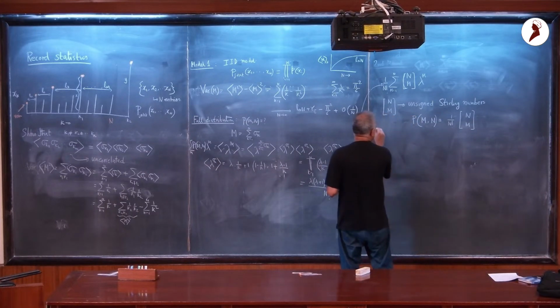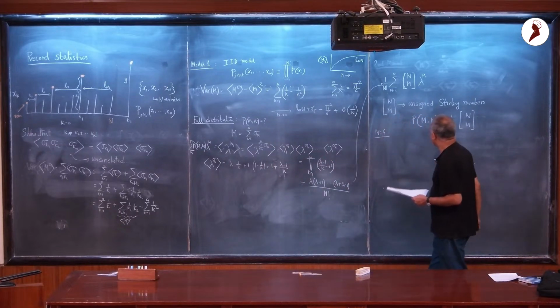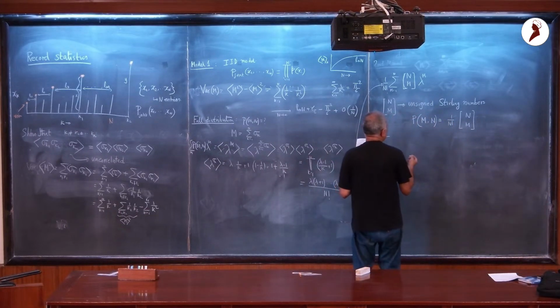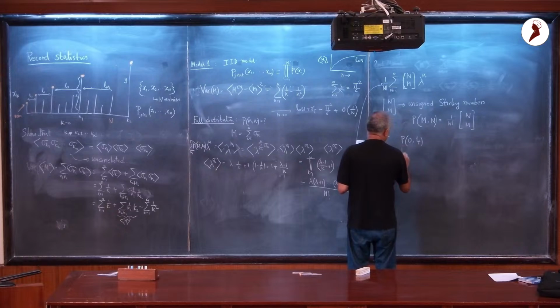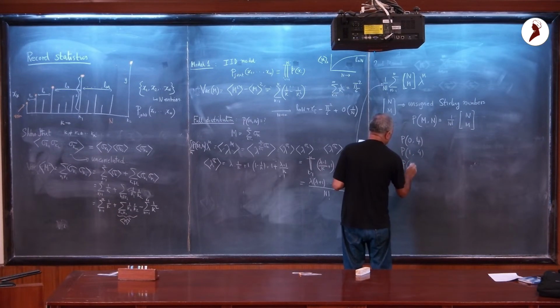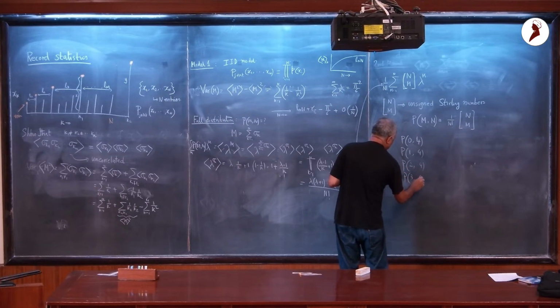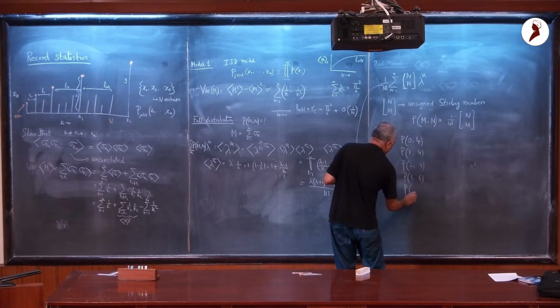So for instance, if I take n equal to 4, so if I take 4 entries, then the number of records can be 0, or 1, 2, 3, or 4.